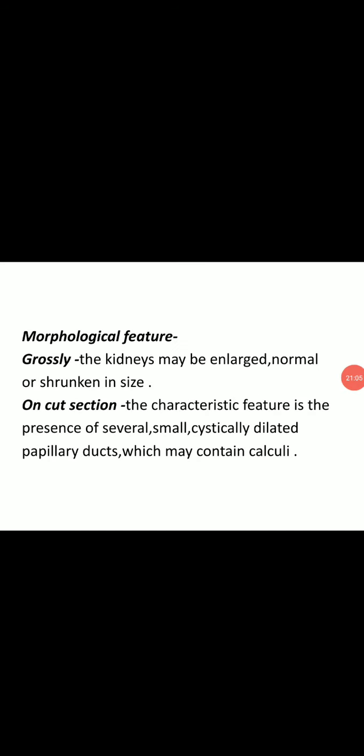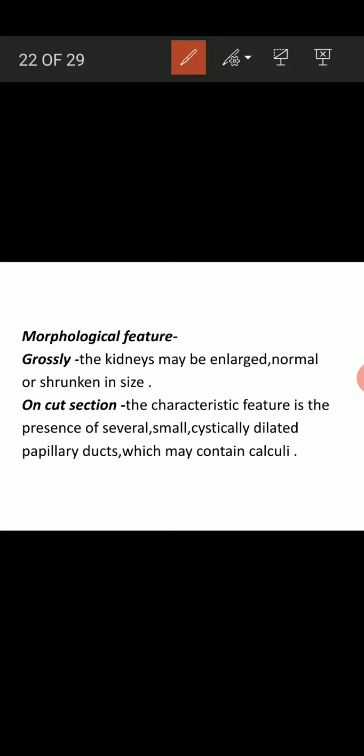Morphological features of medullary sponge kidney: grossly, the kidneys may be enlarged, normal or shrunken in size. The cut section shows several small cystically dilated papillary ducts which may contain calculi.